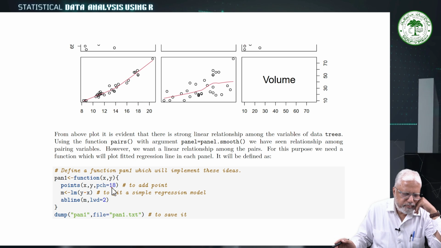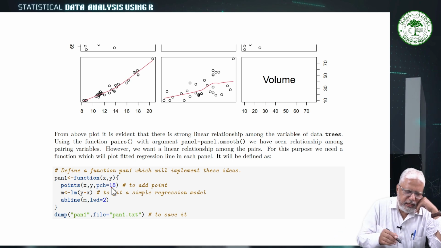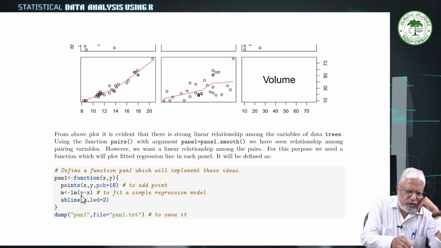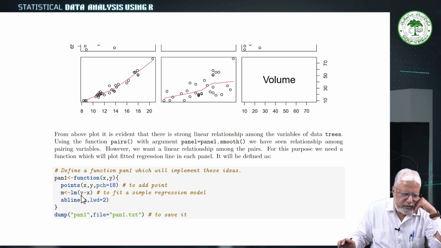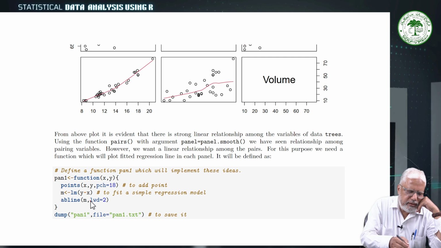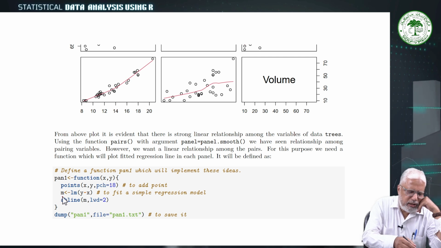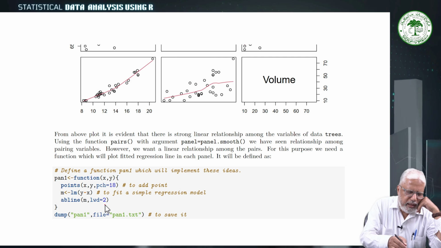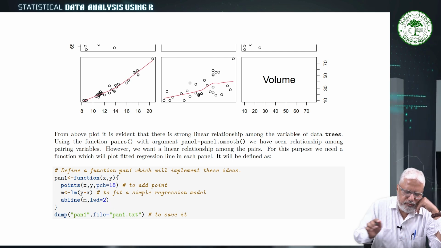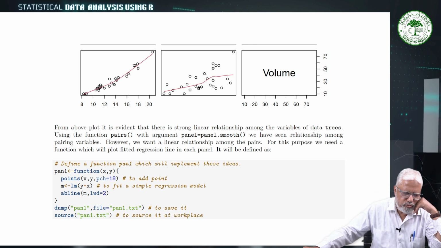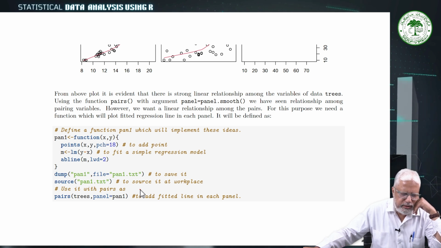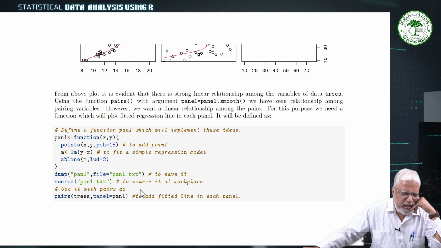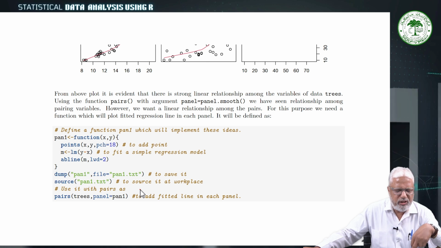So here we want to add the points with plotting character 18, and then m = lm(y ~ x) to fit a simple linear regression model of y versus x, and then abline, we are adding a line which will take the regression coefficients m, lwd = 2, and then we will dump this function, dump("pan1", file = "pan1.R"). Then we can use source, and then we are using pairs(trees, panel = pan1). So we are calling this function, panel = pan1.